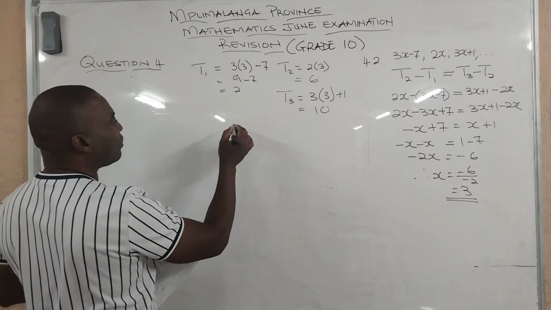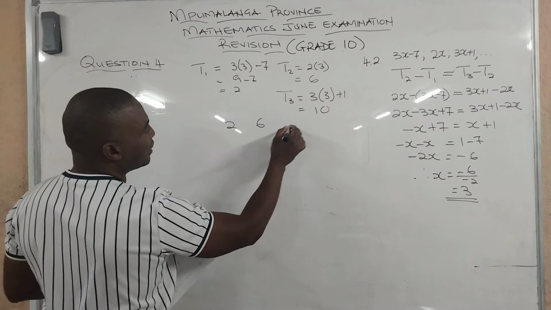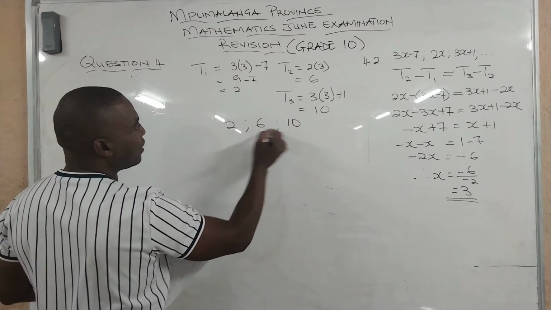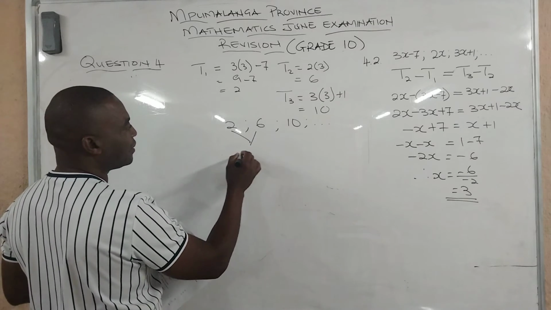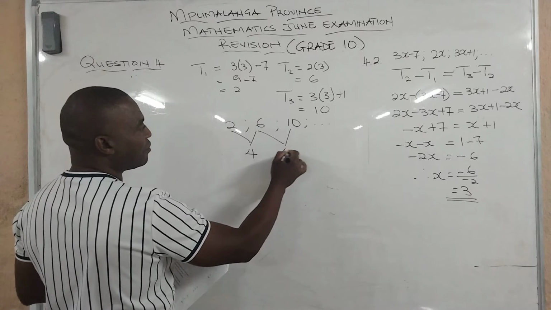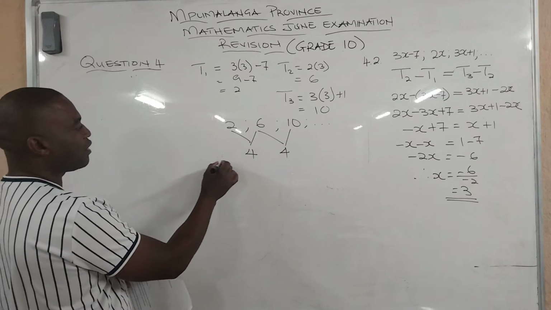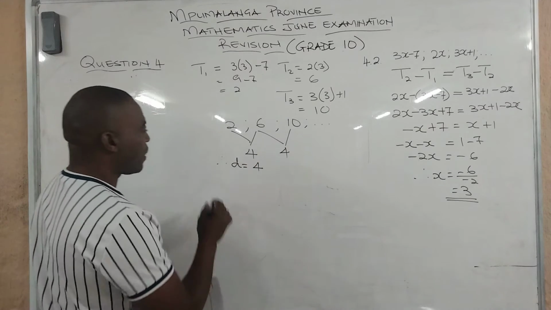So basically we have a pattern 2, 6, 10. And what is our D? 6 minus 2, that's 4. Is it the same? That's 4. So we are saying therefore D is equal to 4.